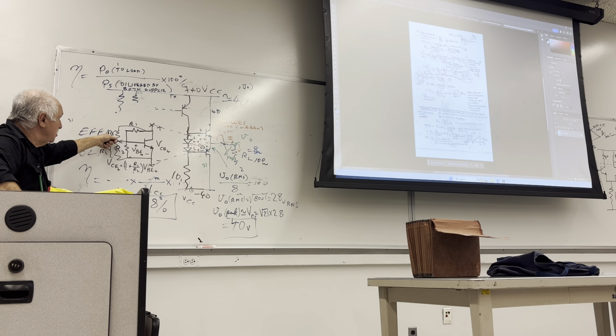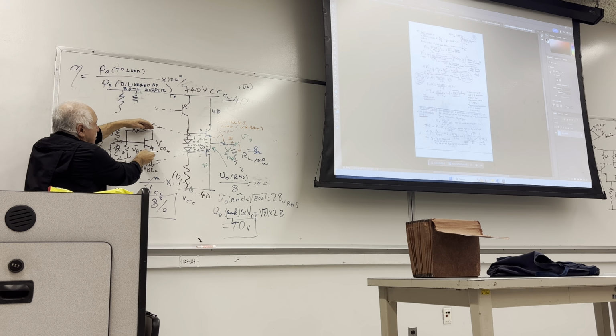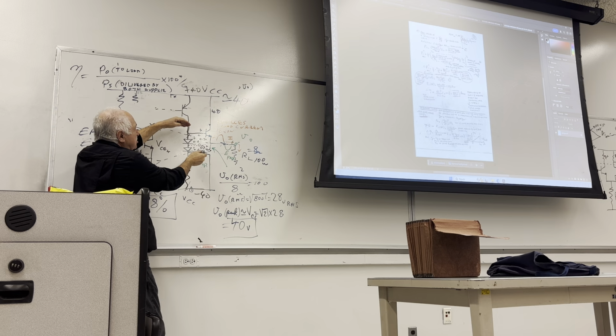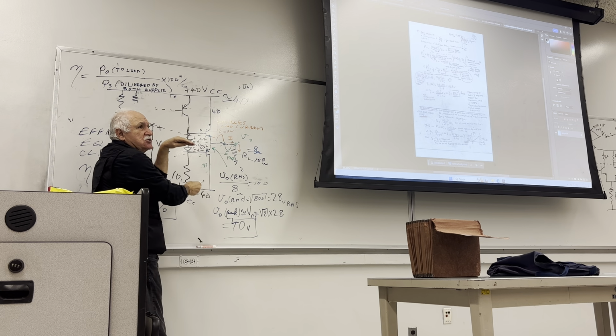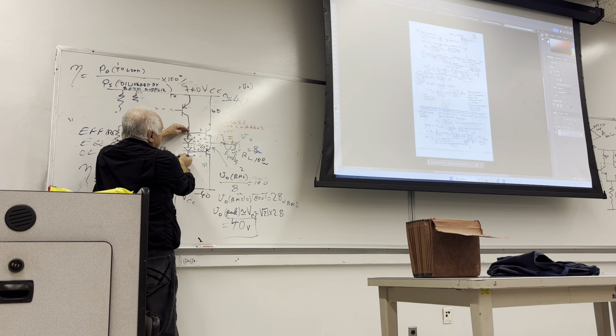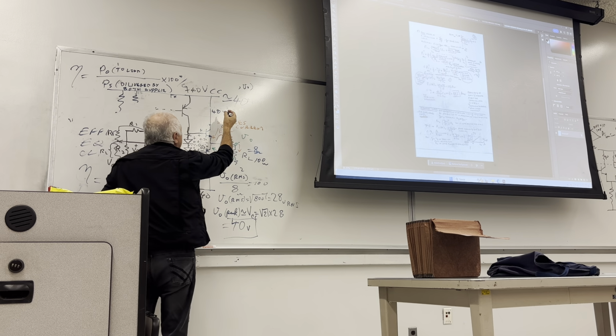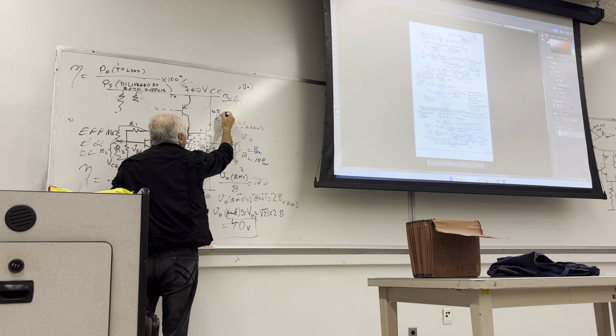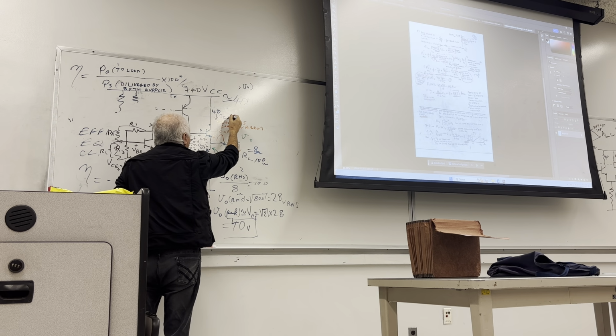And then they start adjusting that potentiometer till you get the desired VCE to exactly match the 2 transistors. And the criterion for matching is build voltage in here till you see a minute current going through both transistors.